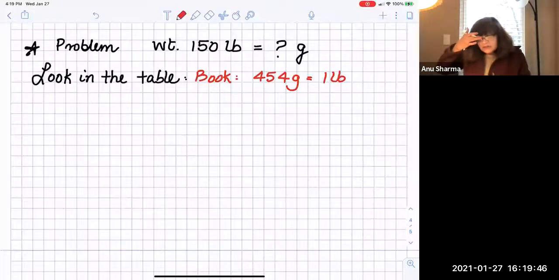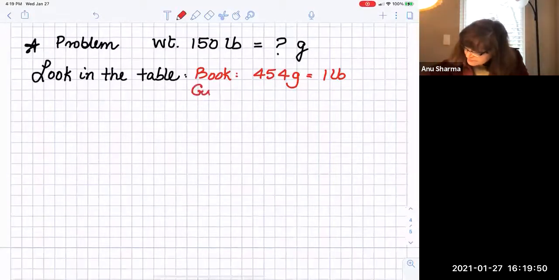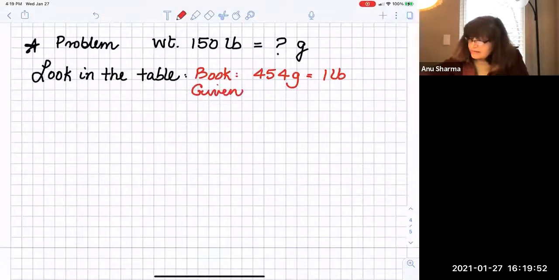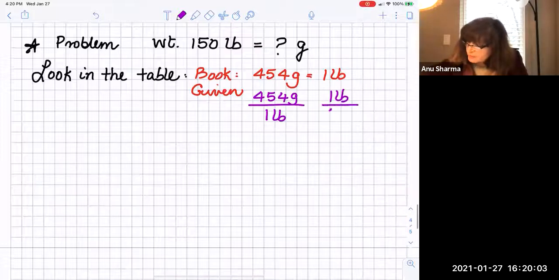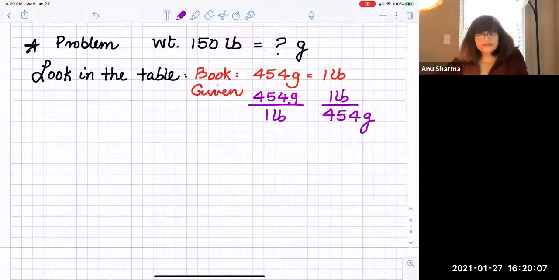Okay, so this is given. And the two conversion factors, as we talked about, are 454 grams over 1 pound, or 1 pound over 454 grams. So two conversion factors.